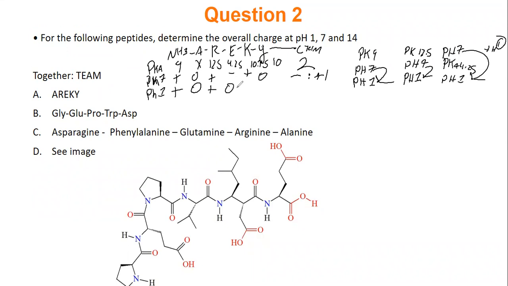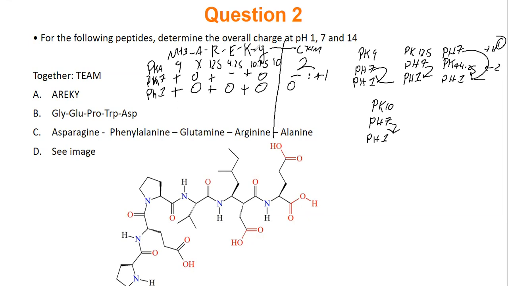So E becomes neutral. K can do the same thing, it'll stay positive. Y, I'll do that one: it stays neutral. And then the C terminus is going to be just like glutamic acid, where the pKa is 2, so it will go to neutral.